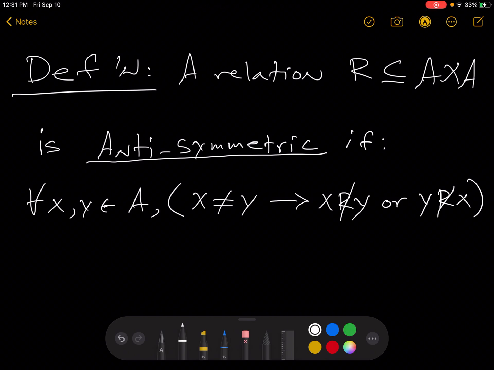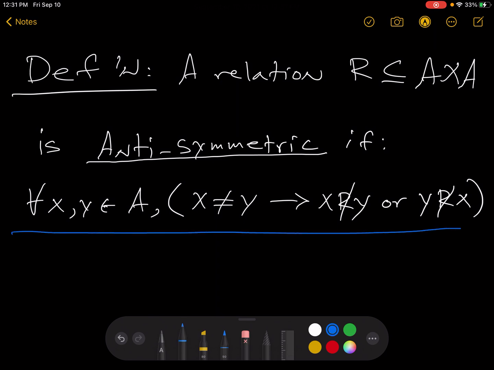A relation R subset of A cross A is antisymmetric if this statement is true.